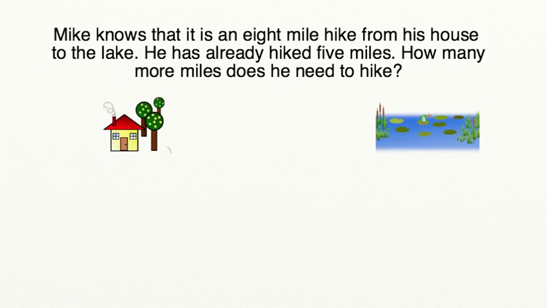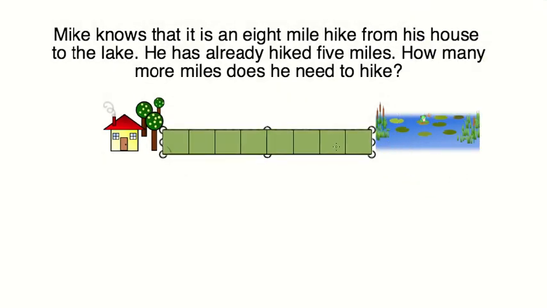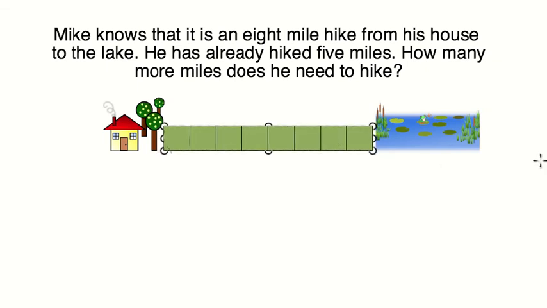So the first bar that I'm going to bring down represents 8 miles, and that's the complete distance from his house to the lake. The second bar I'm going to bring down represents the 5 miles that he has already hiked. Now we're using these to help us see how far he still has to go.